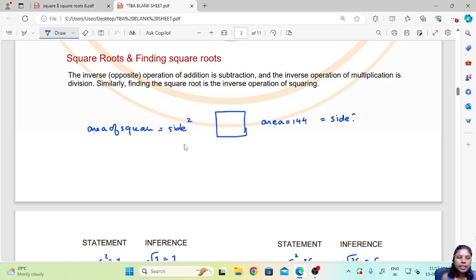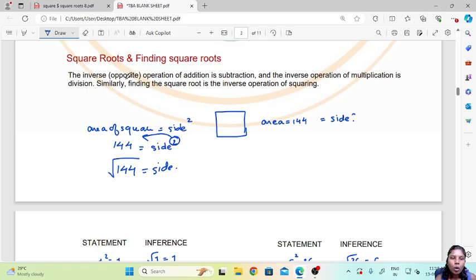So now in this case we are given the area, that is 144, and we have the side square. So now if you have to find the side, this square, if you transpose it to the other side, becomes root. So 144 equals side square, so root of 144 will give us the side.